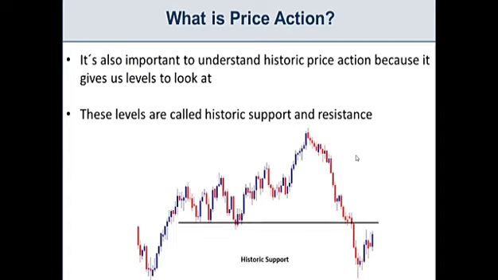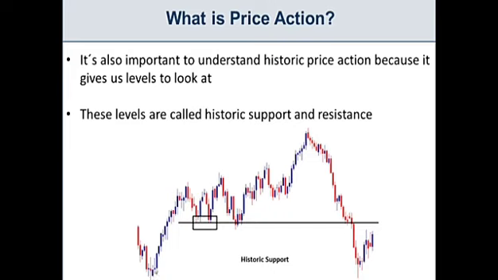Okay, and as you can see here, this is a historic support. Why? Because we tested it once here and twice here. Remember that when a level is tested at least twice, it becomes support or resistance. And why do we pick this level as a first test?